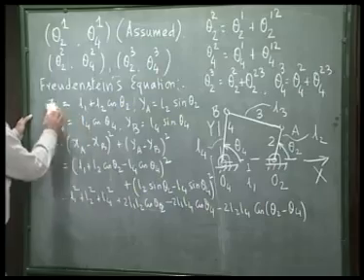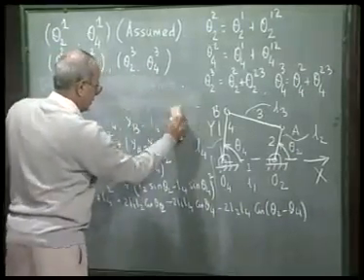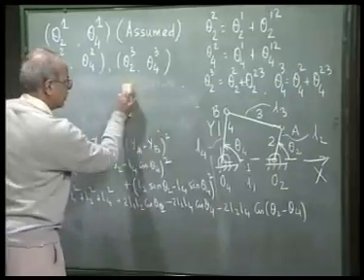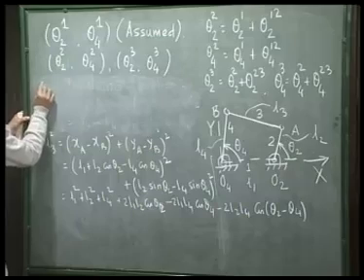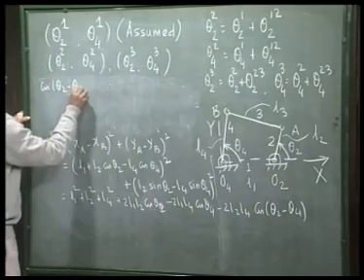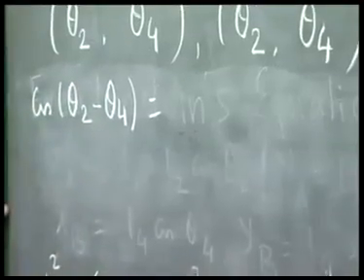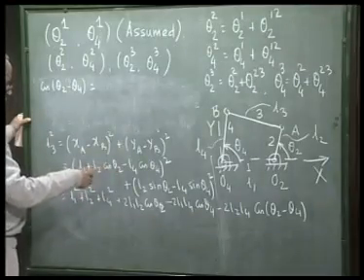We rewrite this equation: cosine of theta 2 minus theta 4 is equal to an expression divided by twice L2 L4.